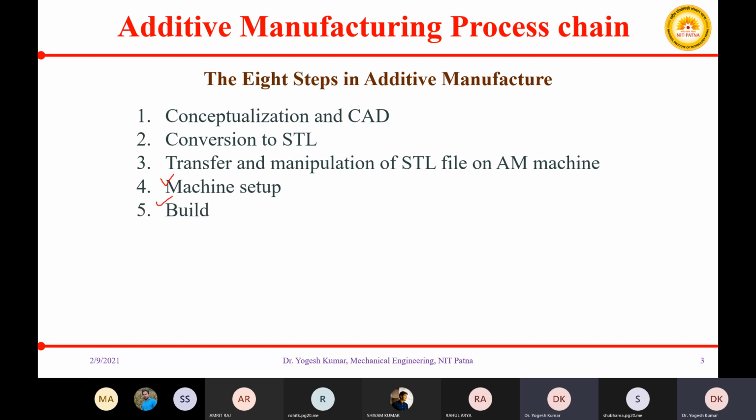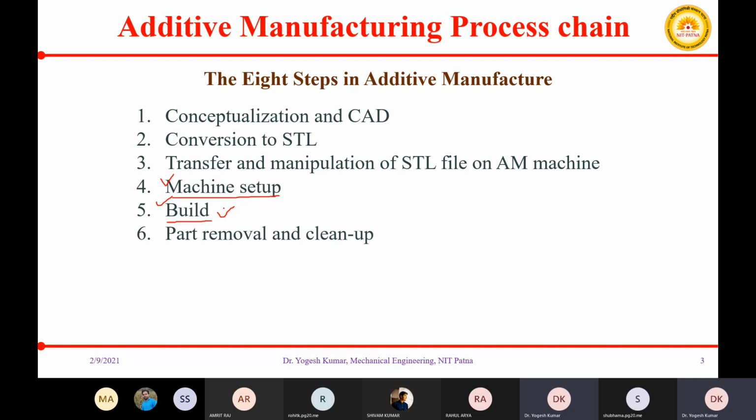Then we have the fifth point. As soon as you have completed your machine setup, you will apply the command build or print, and the layer by layer deposition of material starts, and your product gets printed or built.